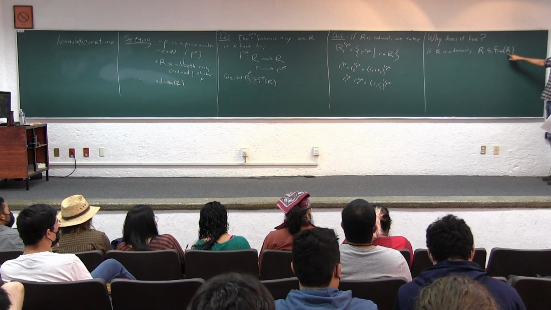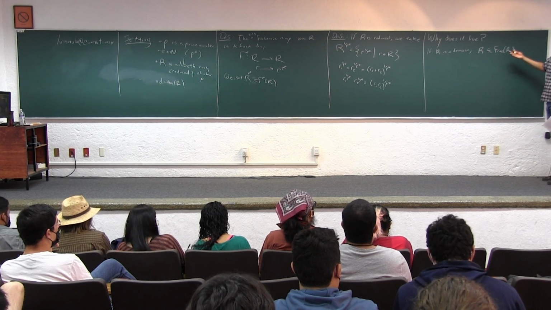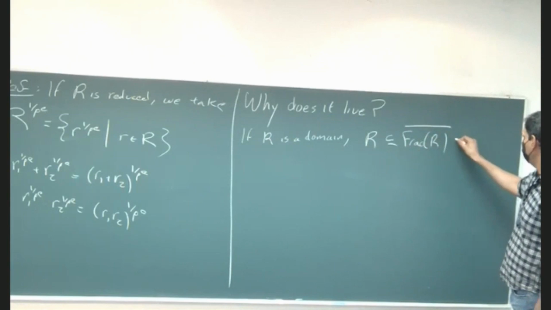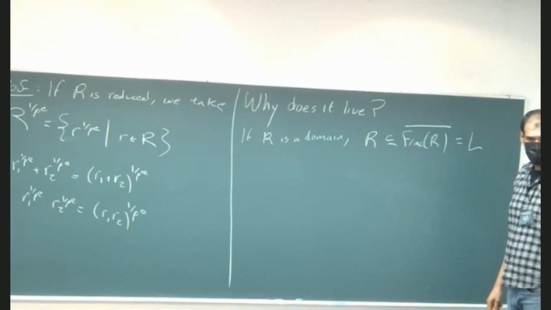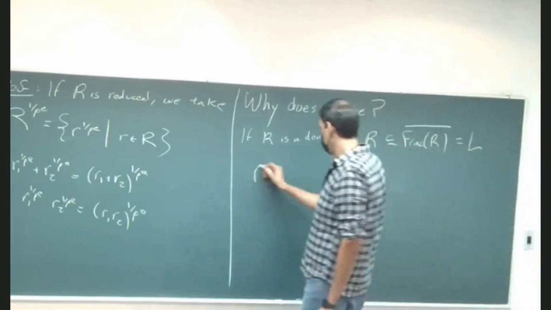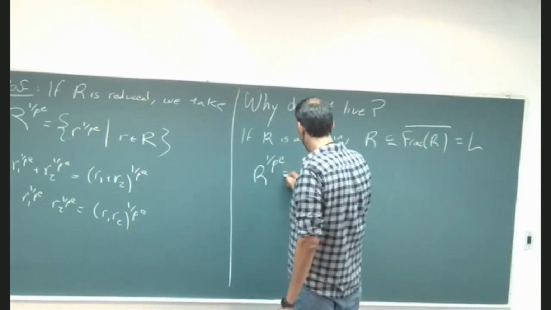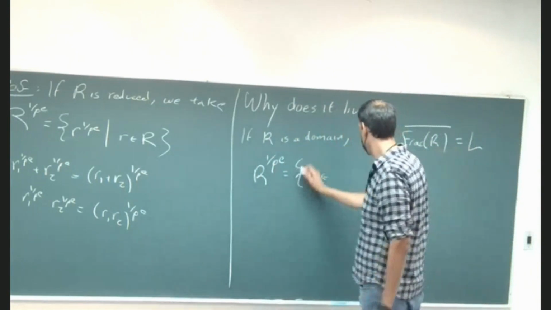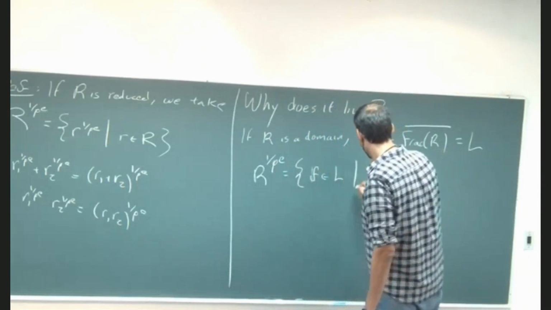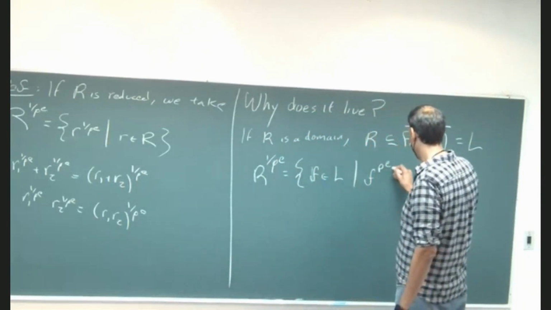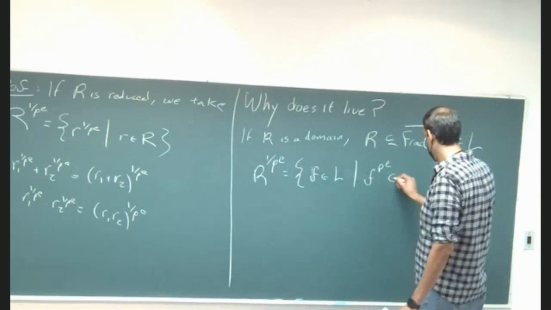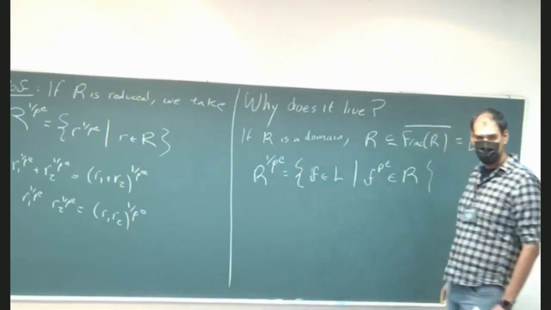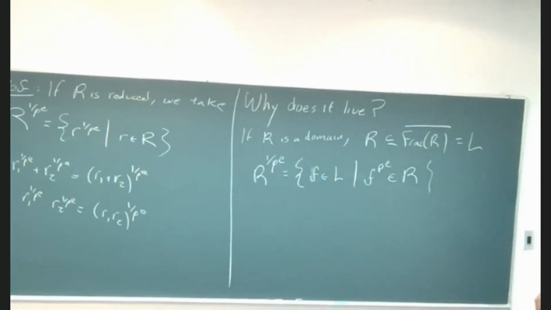And then, because it's a field, we can take its algebraic closure. Then we call this L. So R^(1/p^e) is going to be all the elements inside L such that the p^e-th power is inside R. And this is a well-defined object.